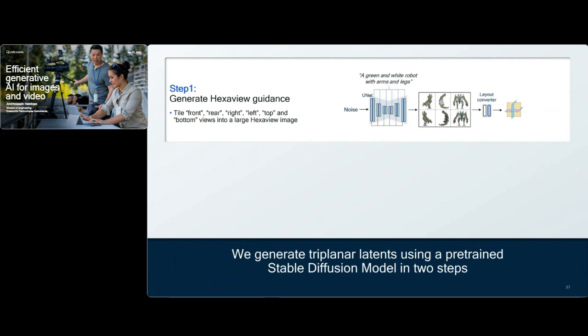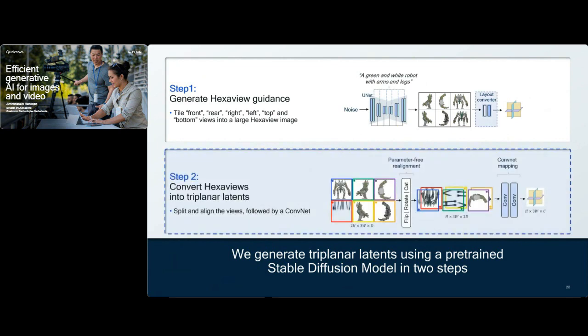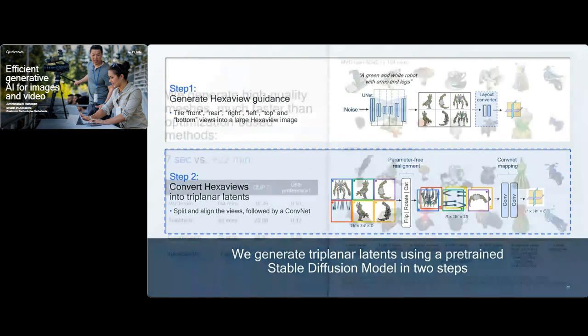We just concatenate them, tile them into a big image that we call a hexaview image. Then we convert these hexaview images into triplanar latents by splitting these views and aligning them by rotation and flipping. Once they're aligned, we concatenate them across the channel dimension, and finally pass them to a very small convnet to turn these images into a triplanar latent from the autoencoder.